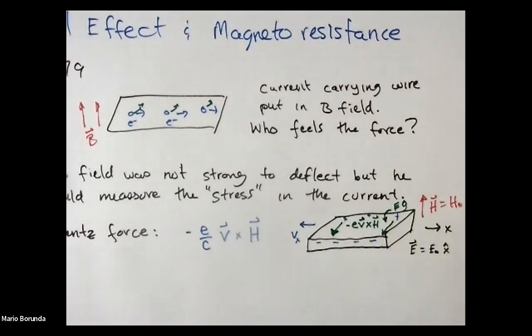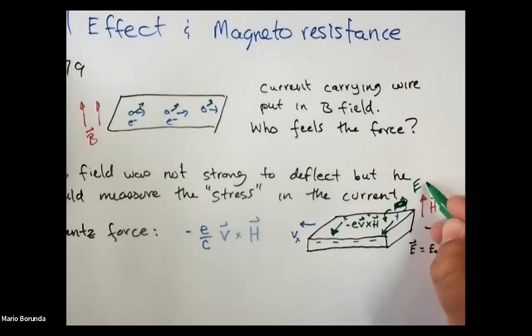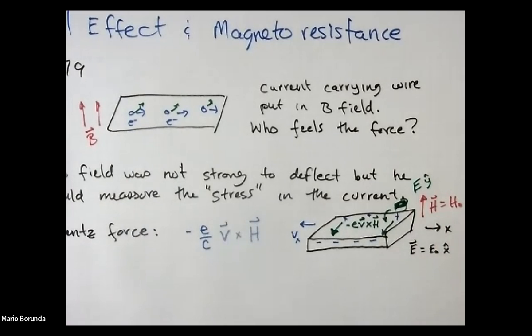Does that make sense? So let me make this bigger. Electric field in the y direction. So you have the electrons moving in this direction, but then they're getting deflected by the magnetic field, and then they pile up on this end versus this end. So this side is more positive charge, this side is more negative charge. Positive to negative, there's an electric field in this direction.